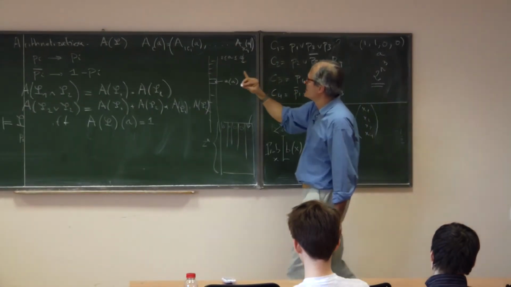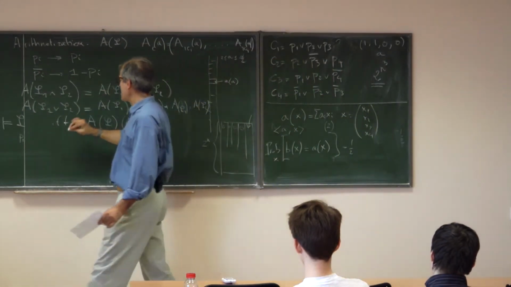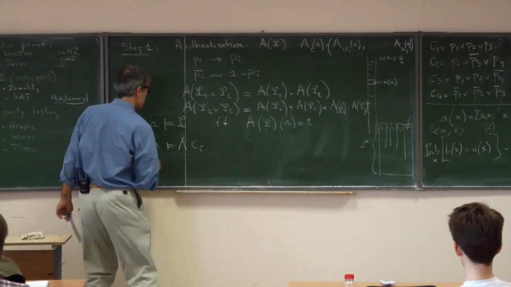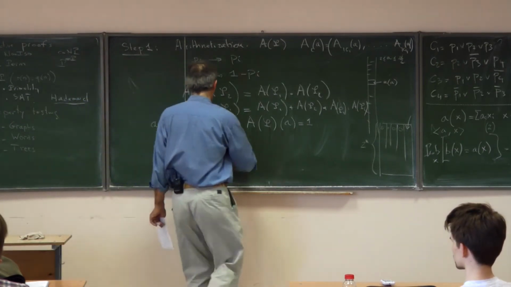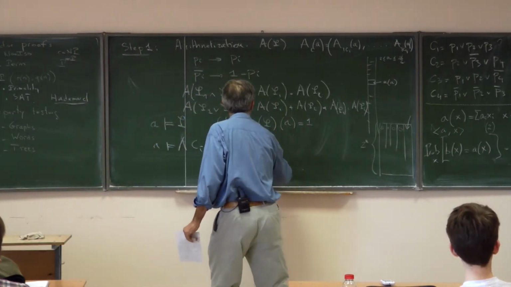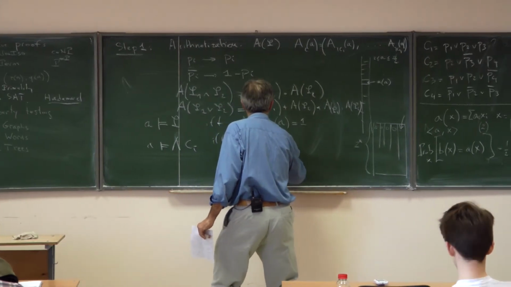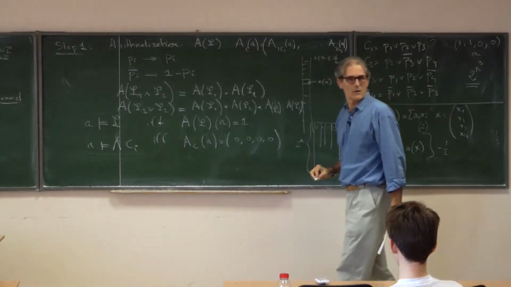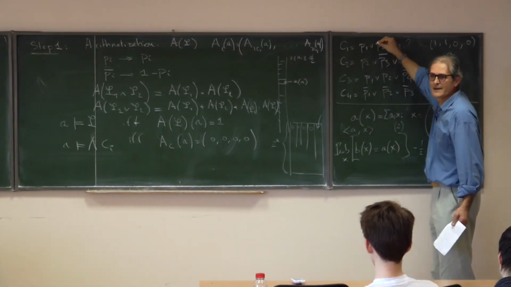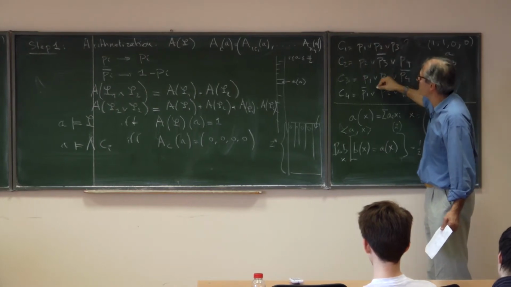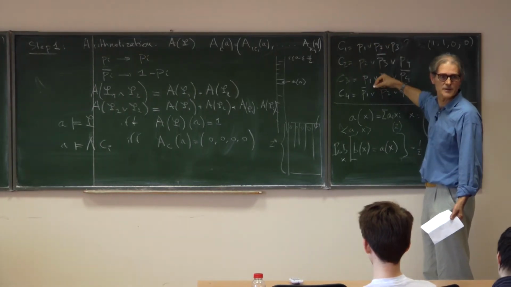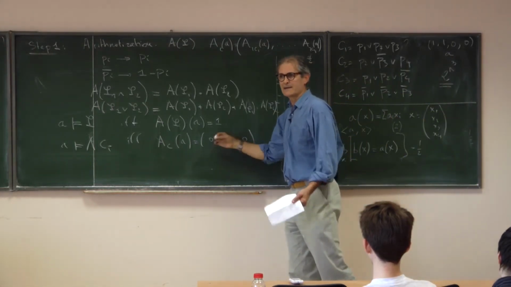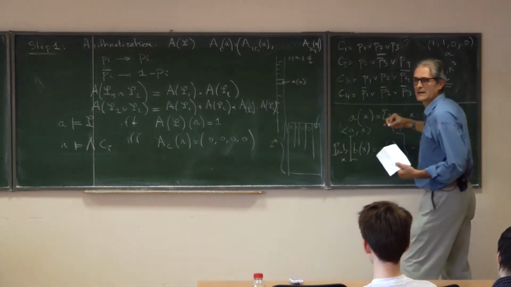Now, obviously, if A satisfies all the clauses, it's the same thing as saying that AC of A is going to be the vector 0, 0, 0, 0, because the negations of the formulas have to be false, therefore they are zeros. And that amounts to saying that they're all satisfiable.